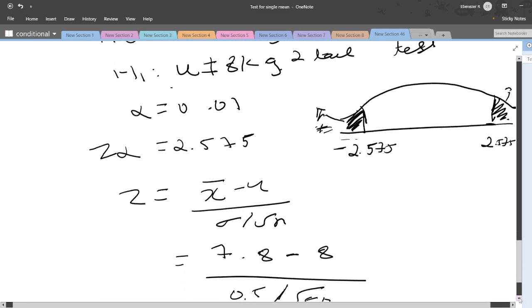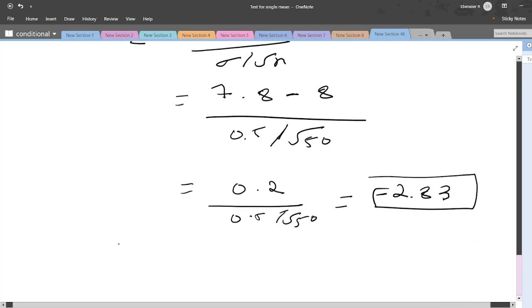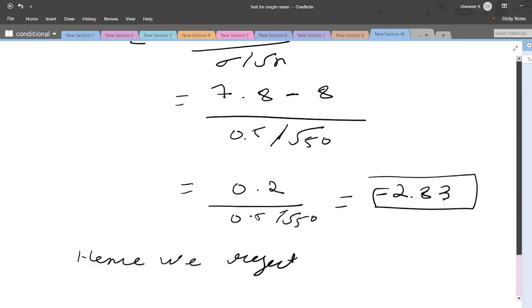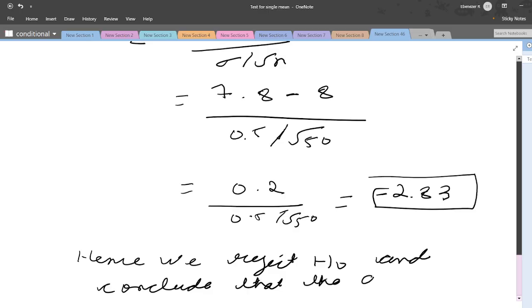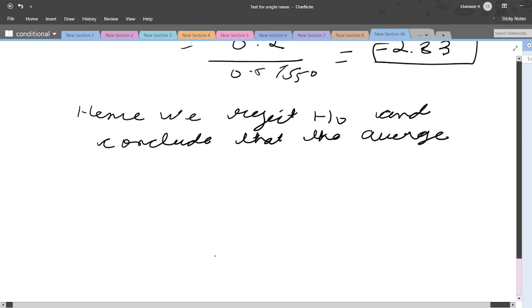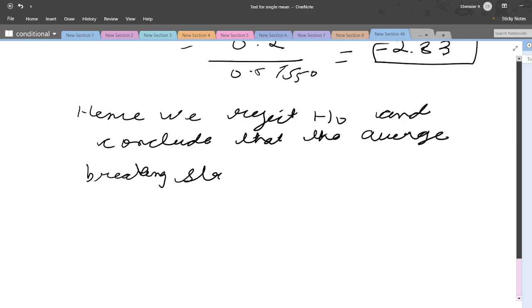Hence we reject H naught and conclude that the average breaking strength is not 8 kilograms.